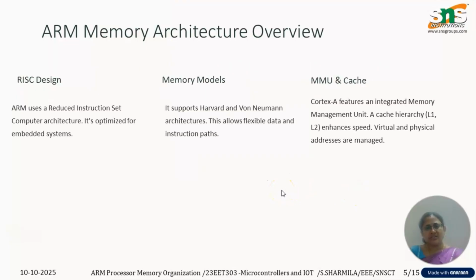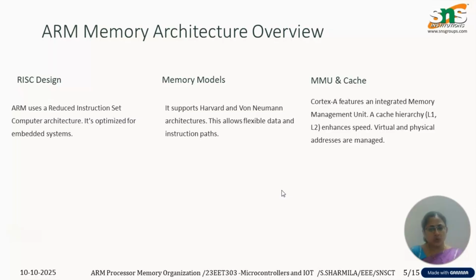Now let's move on to the ARM memory architecture overview. Let's begin with the RISC design, that is, the reduced instruction set computer architecture. ARM uses RISC design, optimized for simplicity and efficiency in embedded systems.